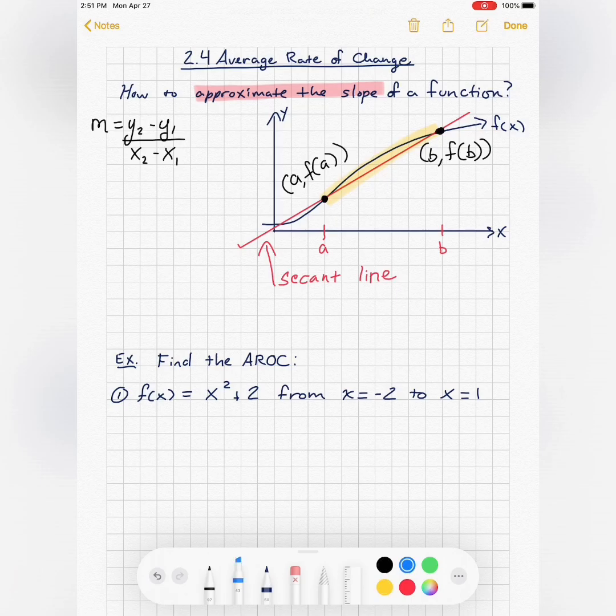Okay, so we'll call this one y2, this one y1, say. So when I fill in over here, I have f of b minus f of a. And then here's x2, here's x1.